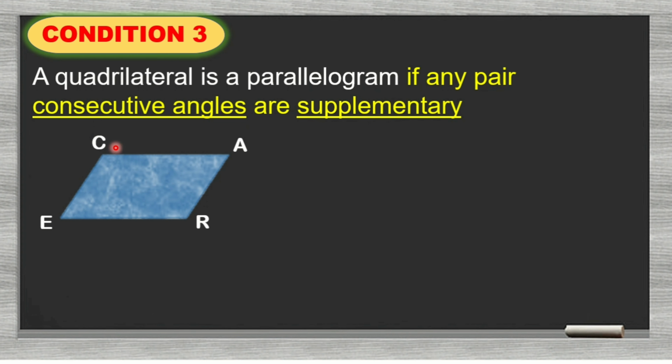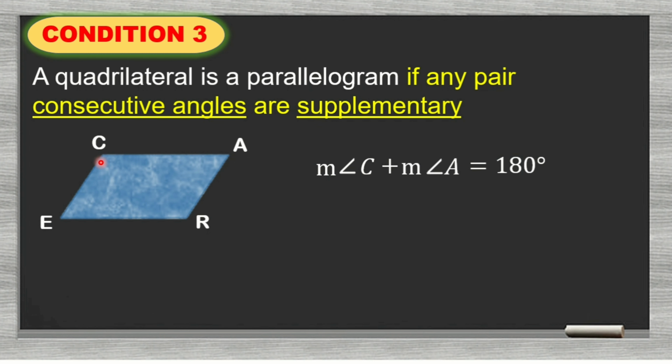Okay, so quadrilateral CARE. So simulan natin sa angle C. Okay, ang kasunod ng angle C ay angle A. So you write the measure of angle C plus the measure of angle A. They are equal to 180 degrees.